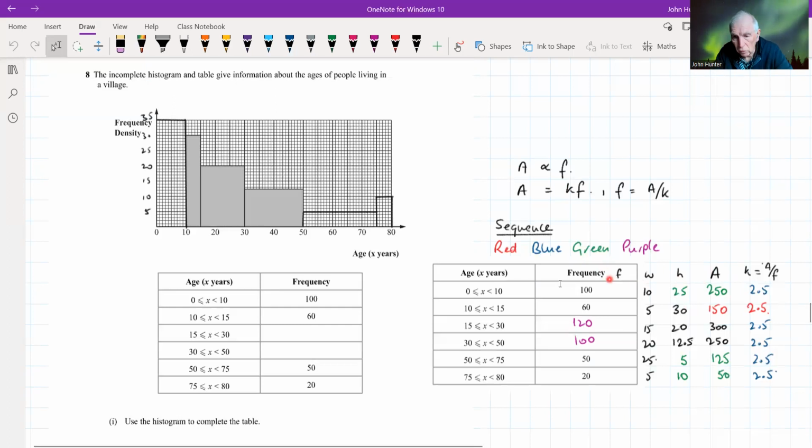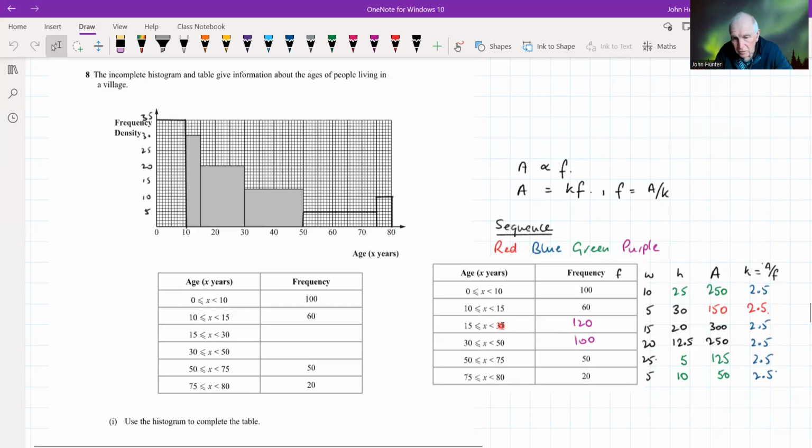So let's have a look. In order to do that, we want to know the area, so we need to know the width and the height of these. We don't know the height of this bar for 0 to 10, and we don't know the height of 50 to 75, nor 75 to 80.